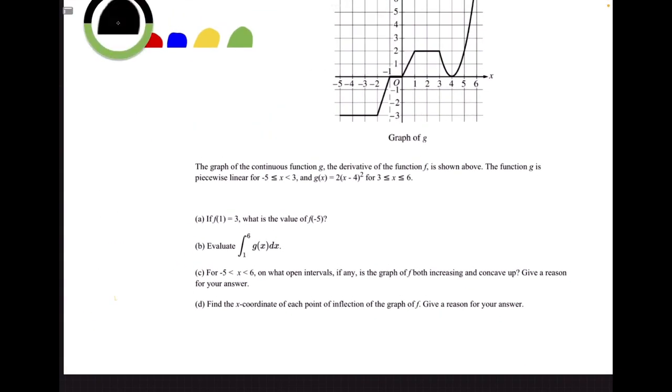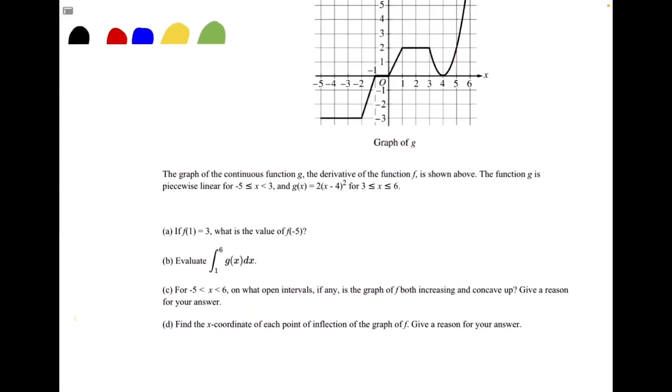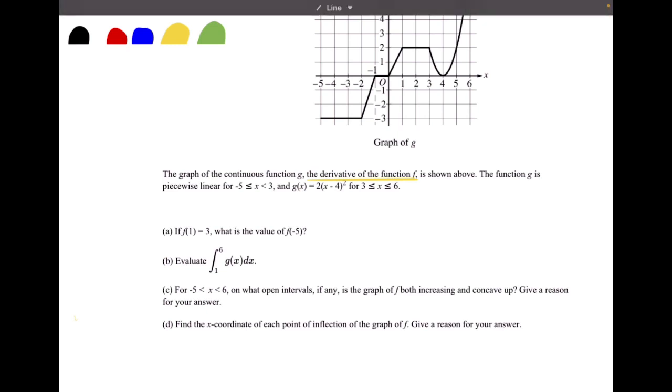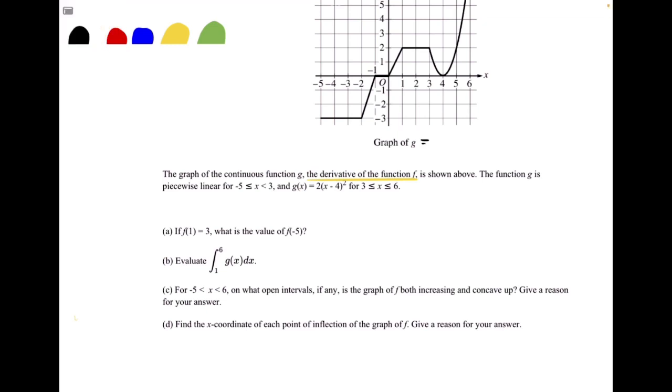So part A asks us to find the value of f of -5. We're given the graph of g, and as stated in the prompt, the derivative of the function f is shown above. So this graph is just equal to f prime of x.